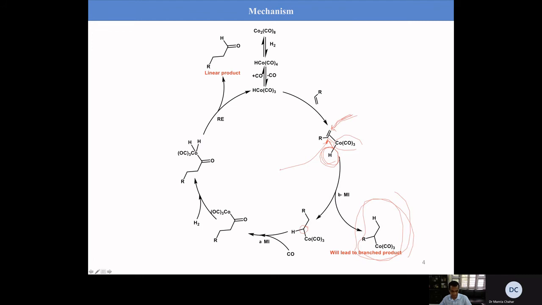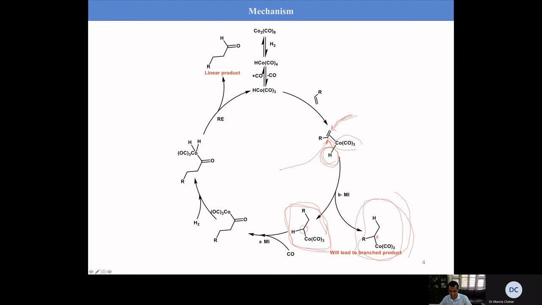But as you know, whether this hydride transfer occurs at the branched, the terminal or an internal position will dictate the linear or branched product formation, as you see from here. This intermediate, which is going to be the linear product formation intermediate, is the primary alkyl intermediate, whereas this one is the secondary intermediate.